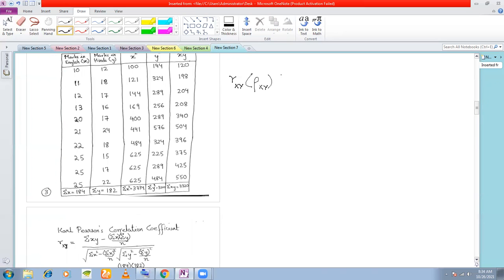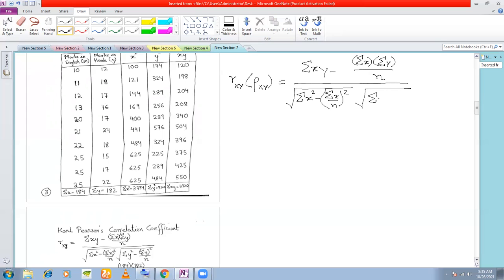Okay, it is equal to summation xy minus summation x, summation y divided by n (you have got to remember this formula), whole divided by square root of summation x square minus (summation x by n) square, into square root of summation y square minus (summation y divided by n) whole square.